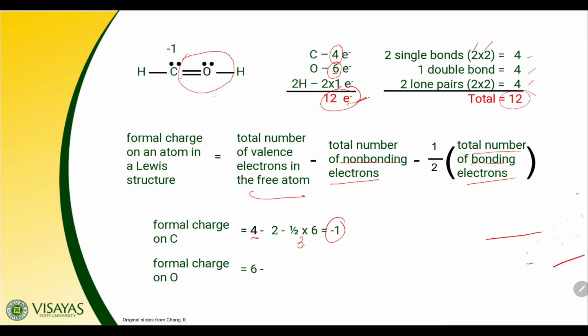Again, non-bonding electrons are those dots that you can see. They are the lone pairs. So for oxygen, we have 2. And for the total number of bonding electrons, we have 3 single bonds. So the total number of bonding electrons is 6, since each bond has 2 electrons.